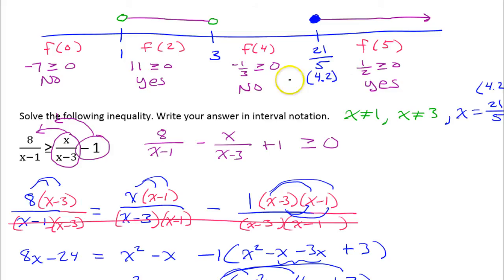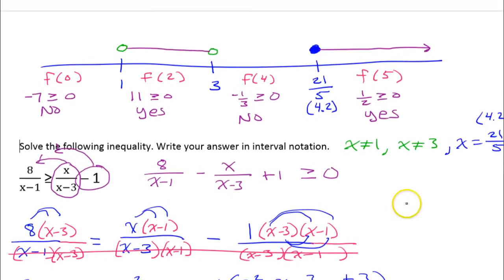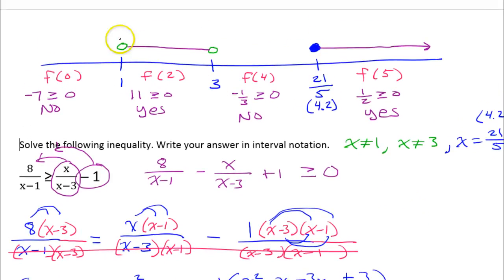So let's write our solution set in interval notation: from 1 to 3, and we'll use round parentheses to show that the 1 and the 3 are not to be included. And then union, and this time I'm going to use a square bracket.